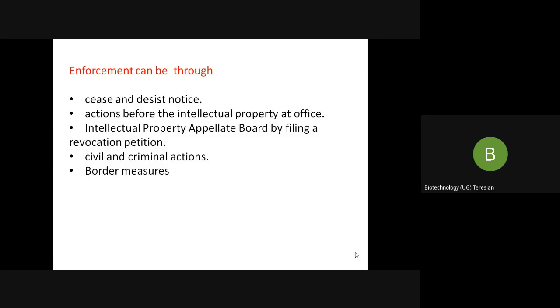And this is possible by approaching the court of law by filing a case against the person who has infringed our intellectual idea or creativity.